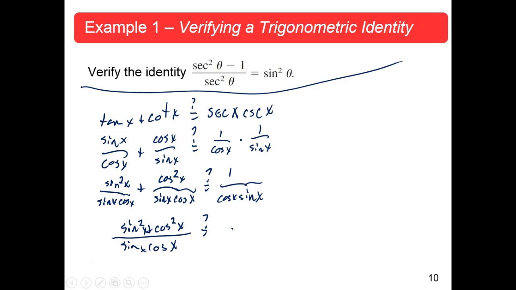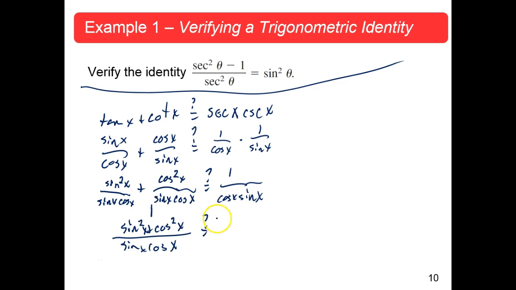And what's sine squared x plus cosine squared x? 1! That's your Pythagorean identity, isn't it? The basic one.